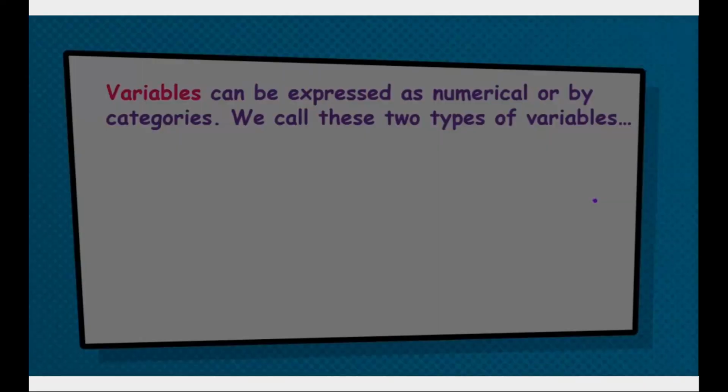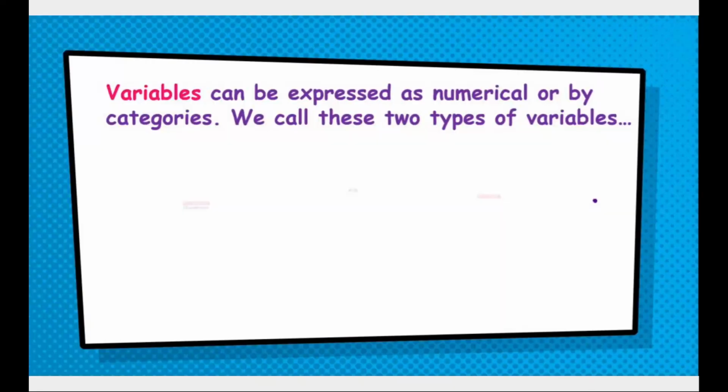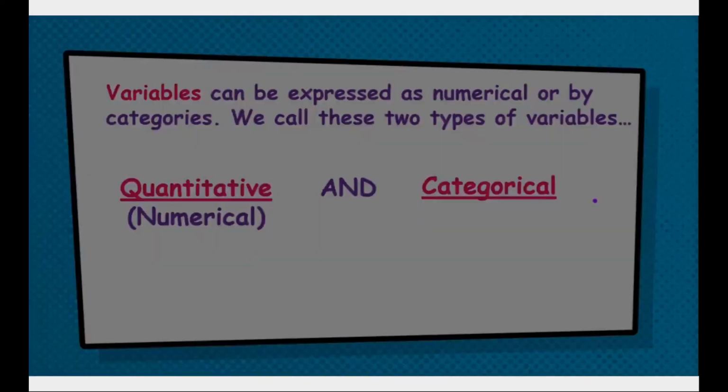We'll look at some of this in more detail as we get through this quarter. But variables can be expressed as numerical or by categories, and we call these two types of variables quantitative and categorical variables. Quantitative just means numerical variables. We are not going to talk too much about that this unit.